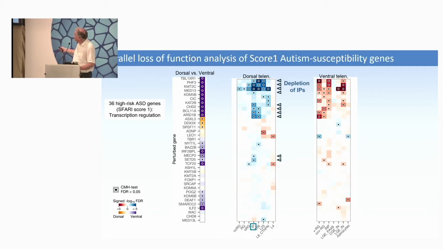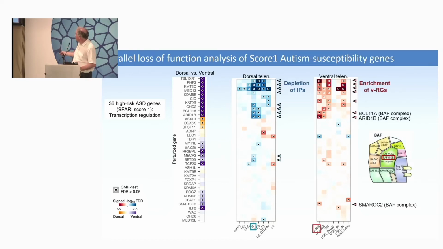So on the dorsal side, we find that very commonly there is a depletion of intermediate progenitors. Remember that these are the transit amplifying cells during the generation of the dorsal excitatory neurons. And on the ventral side, there's an enrichment of ventral radial glia cells. So generally, it seems like there is a block in the differentiation towards the interneuron lineage.